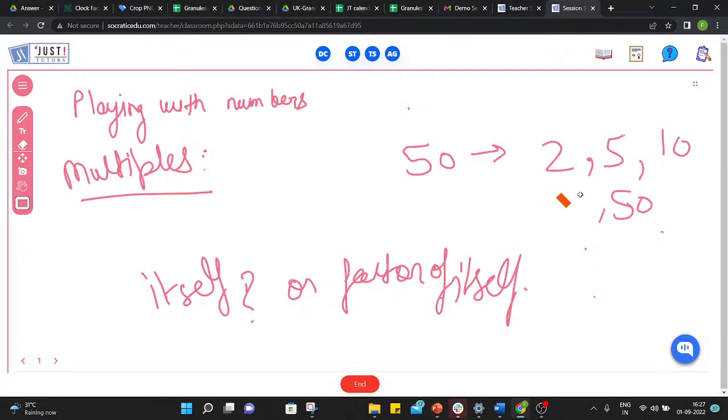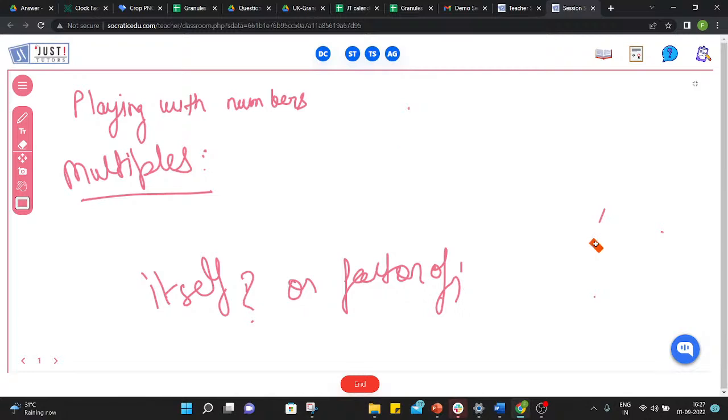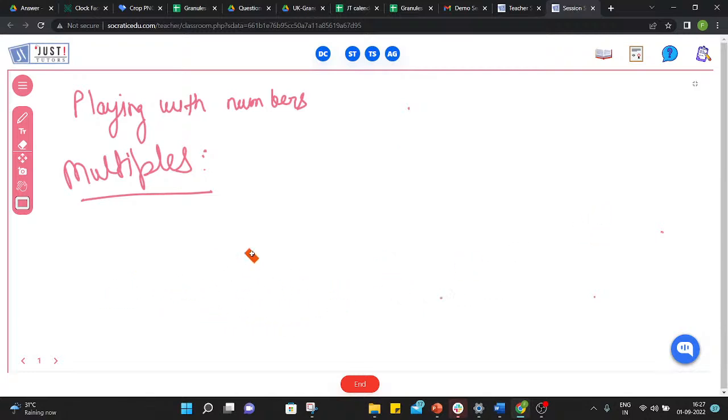Now let me erase the board so that we can see what we are going to do next. Different types of numbers.